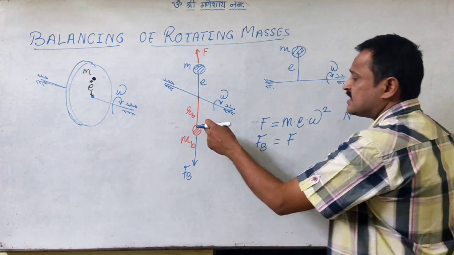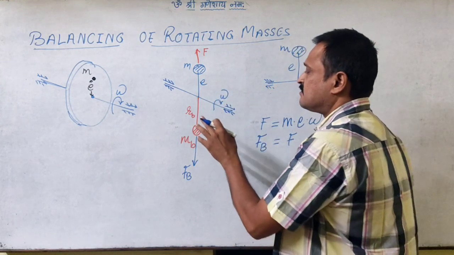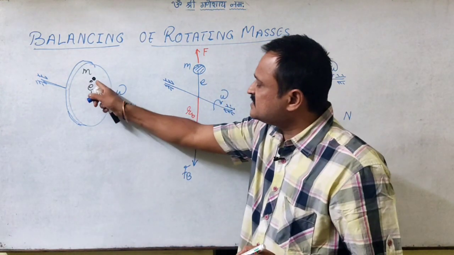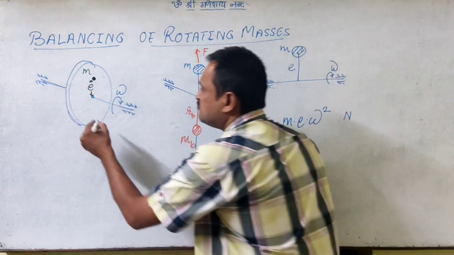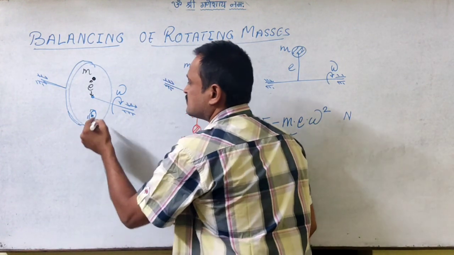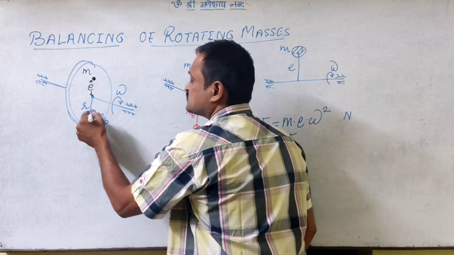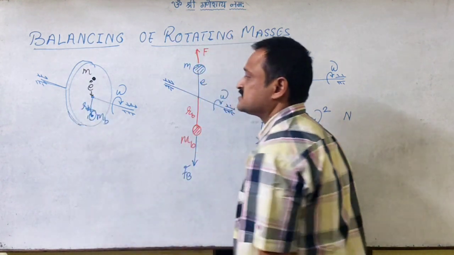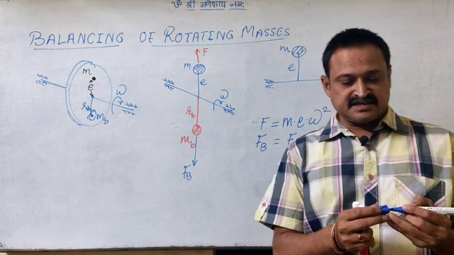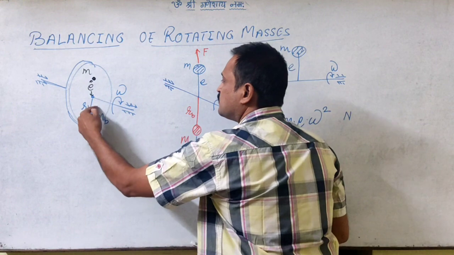So when I am placing this mass on the same shaft, maybe I put a mass on this disc, which is a balancing mass, concentrated at some radius RB on the same disc, on the same plane, and exactly opposite to it.